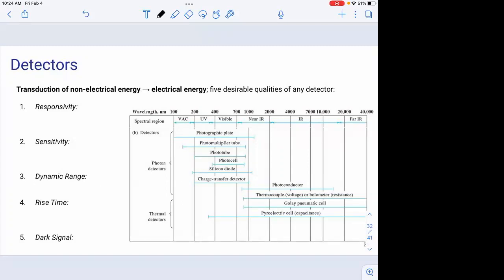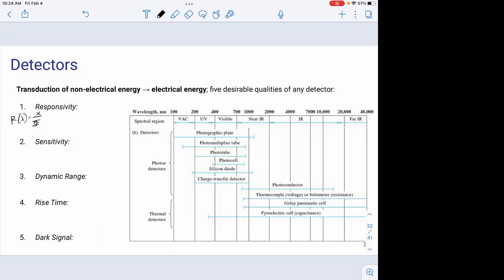Okay, so as we think about the component detector that is responsible for this process, there are a couple of characteristics that we want it to have. First of all, we want it to be responsive, right? So the responsivity as a function of wavelength is basically the signal output over the incident radiant power.